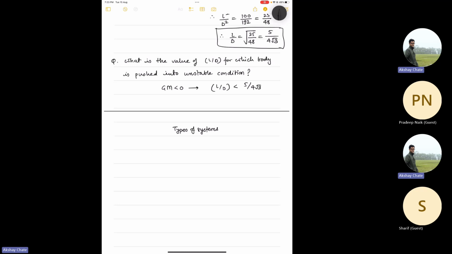And then there are two types of systems: the control mass system, and then the control volume system.